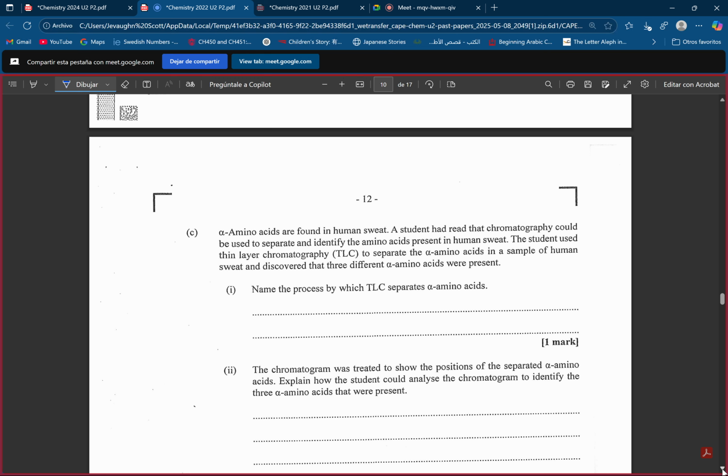What's the name of the process? Partitioning and adsorption. So the best one that I would put is partitioning. I would put partitioning. The thing is that adsorption could work. Go ahead.